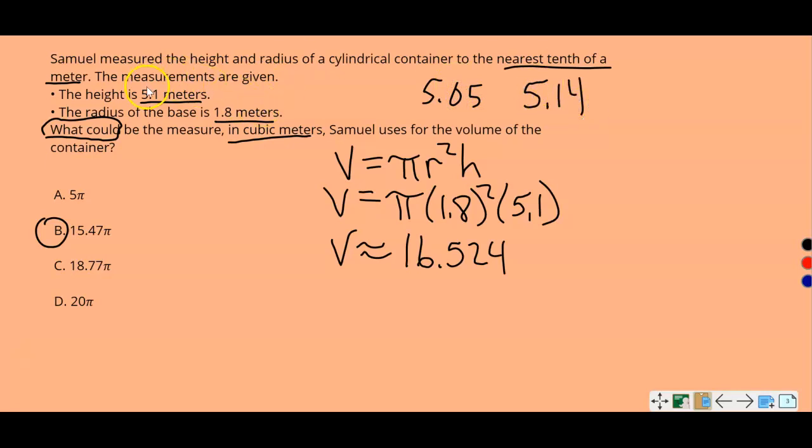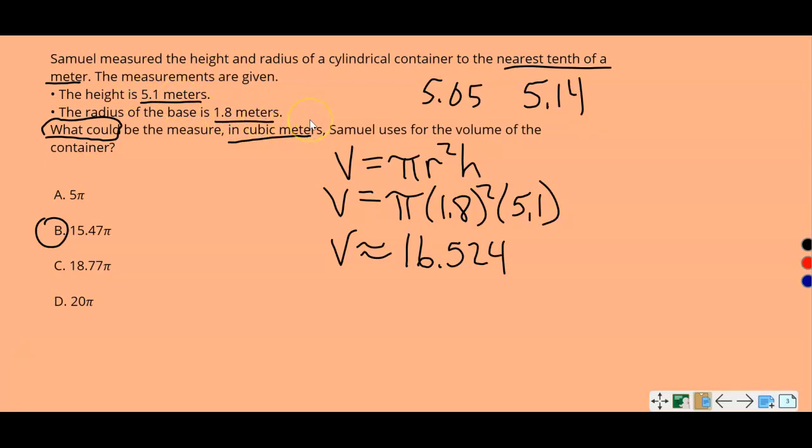So this 5.1 here could have been any one of this range, because if it's 0.05, that would have rounded up to 5.1, and same with 0.06, etc. And then if this is 0.13, 0.14, etc., that would have rounded down to 5.1. So that's the range here if we had rounded.